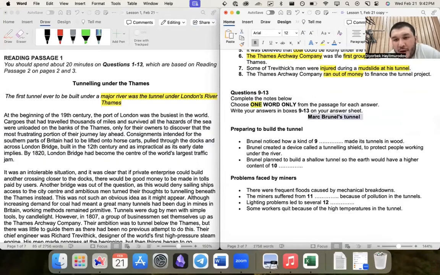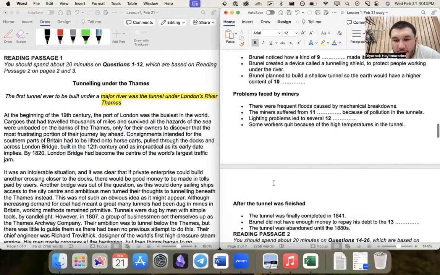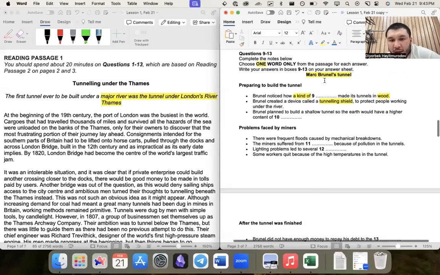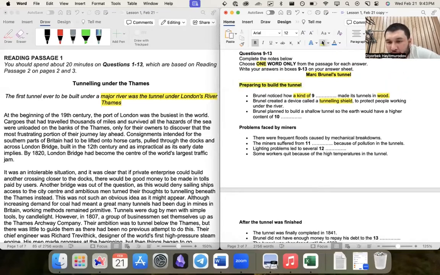I believe, honestly, when they talk about Marc Brunel, I can look at these questions. But anyway, let's look at that. "Brunel noticed that kind of thing made tunnels in wood." "Brunel created a device called a tunneling shield to protect." I'm just doing it in today's lesson, but in future lessons, you'll find that you don't even have to read all of them, because I think reading the subheadings is more than enough for this type of question, because they guide you to where the answers are.